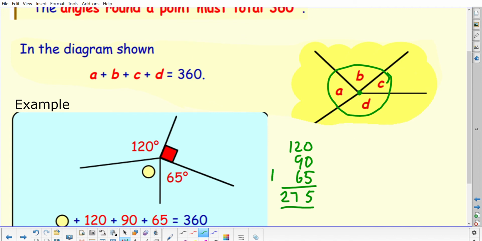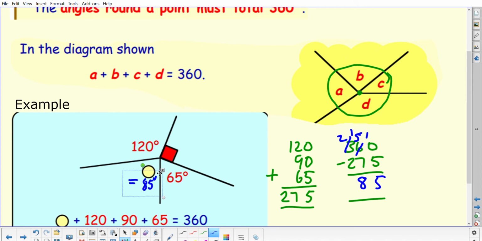If you then take that away from your 360, then you'll find your missing angle that you're looking for. So you're going to get the circle angle needs to be equal to 85 degrees so that it can all add together. So our little circle angle is equal to 85 degrees.